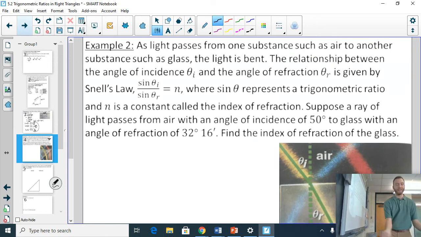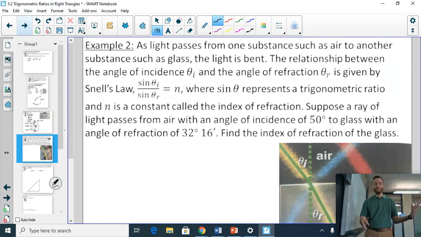All right, this one's a lot of reading and it came from the beginning, but it's not that bad. Let's just get to it. So as light passes from one substance, such as air, to another one, such as glass, light is bent.